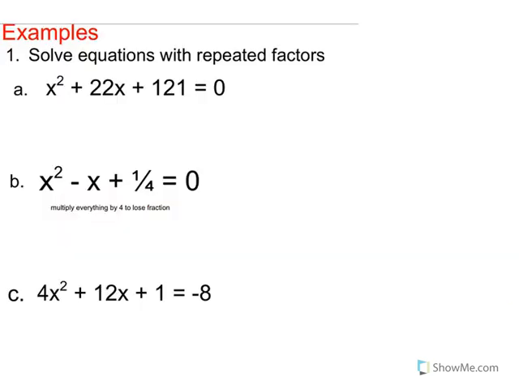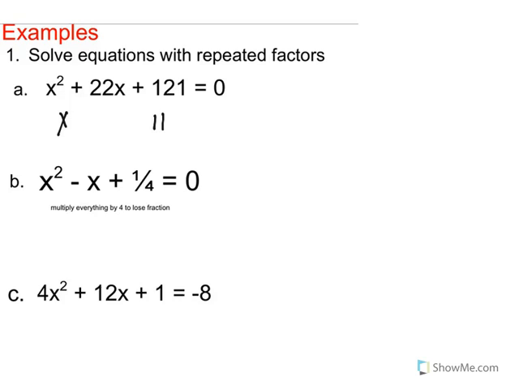So if we have example number 1, where it says solve the equations using repeated factors. I know that x squared plus 22x plus 121 is a perfect square, because we take the square root of x squared, that gives me x, we take the square root of 121, that's 11, and 11x times 2 gives me 22x.